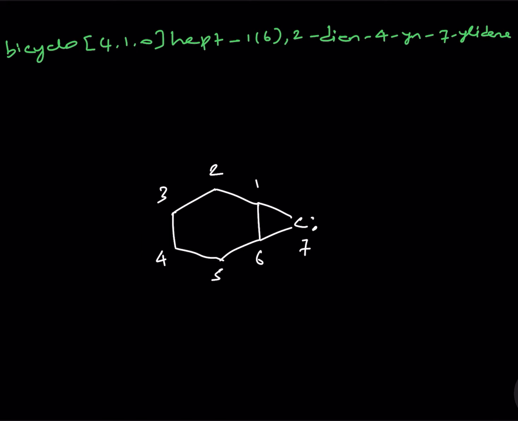And now the double bond is between 1 and 6. So let's do that. And then at 2 position again we have a double bond. And then at 4 position we have a triple bond. Let's do that. So that should be the correct structure for this name.